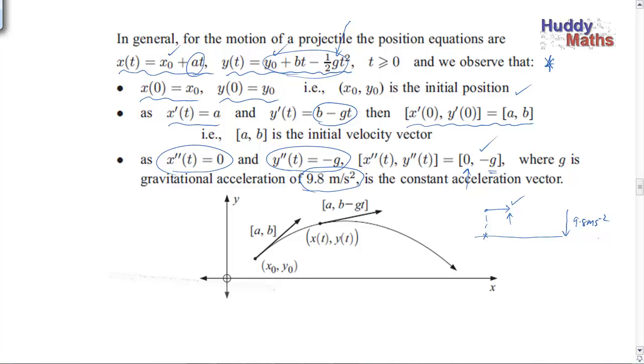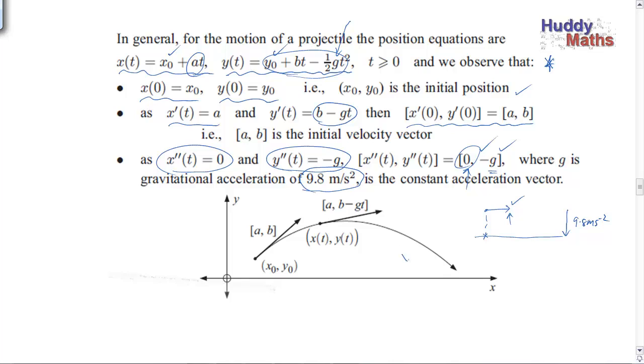So you don't have to consider in that direction the horizontal component, just the vertical. Okay, so that's what we're getting at here. There is no acceleration in the horizontal, in the x direction, just the acceleration due to gravity in the vertical direction.